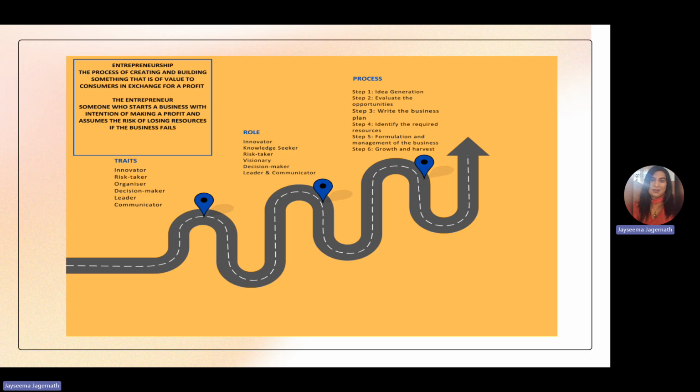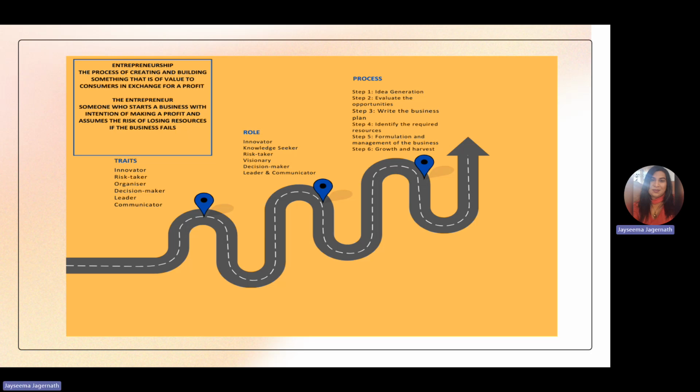They're constantly looking for gaps around them in the communities that they reside in, and they're trying to improve themselves. Entrepreneurship is the process that entrepreneurs go through into building something of value. It's that process that they're going to create in a business where they have a good or service and they are now able to exchange it for profit.